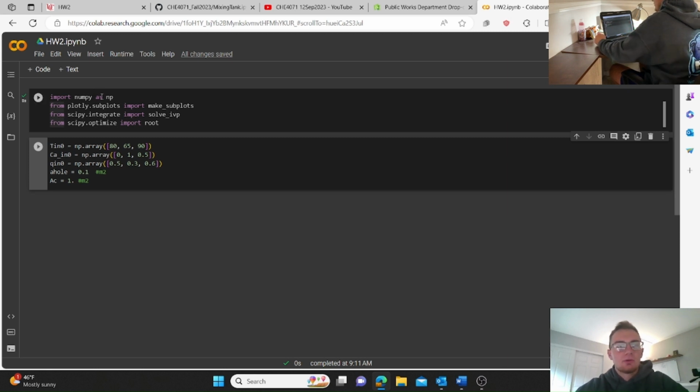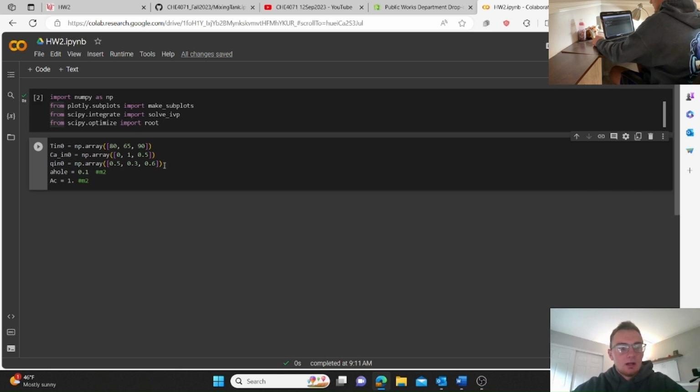So I've imported NumPy because we'll need numerical Python, Plotly to plot at the end, and SciPy integrate to solve the differential equations. Actually, we'll need a root for this first part because we'll be getting initial conditions, and then from there we'll be changing the flow rates to see how the system evolves.